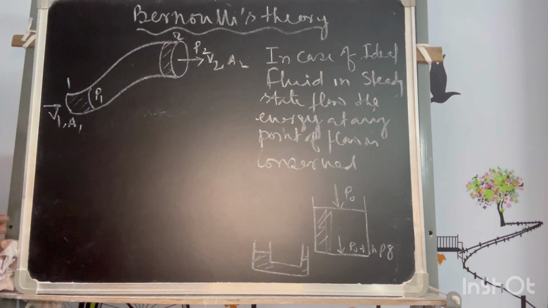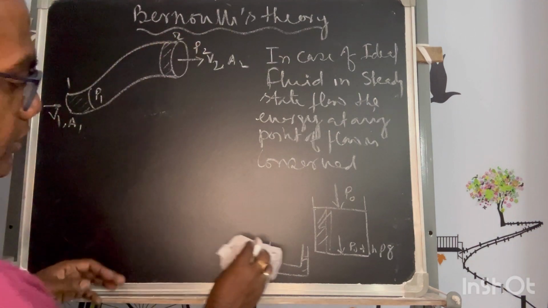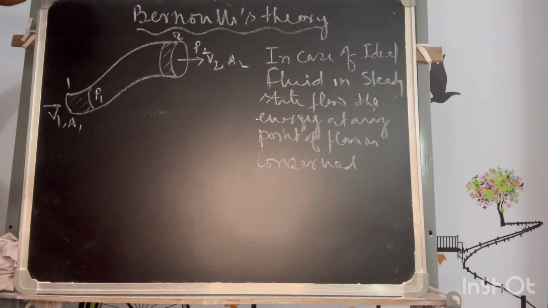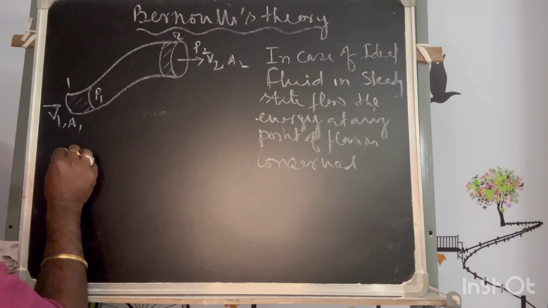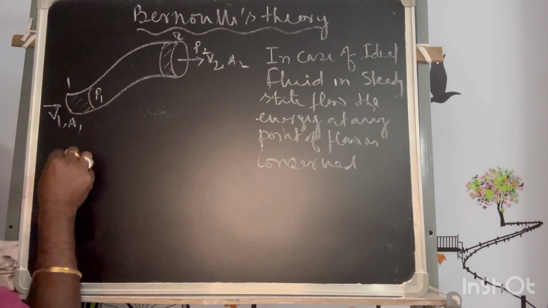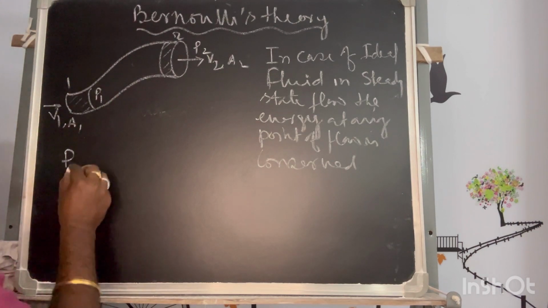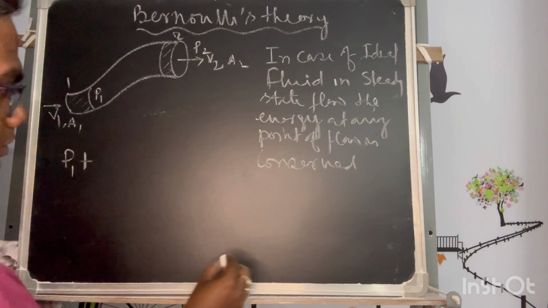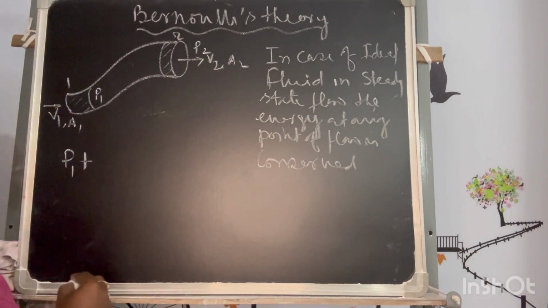We can assume it is flowing either through a machine or by head, that is, by the height of the fluid. So naturally there is one pressure, pressure P1, acting, and this is the pressure energy. How does it become pressure energy?